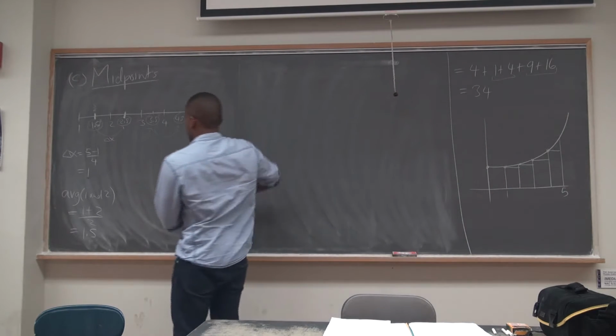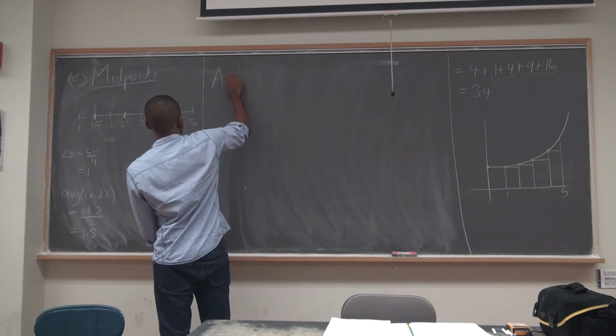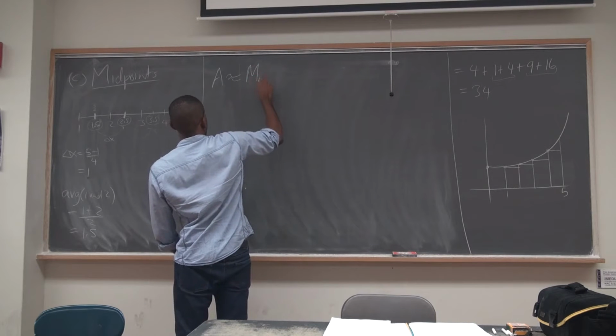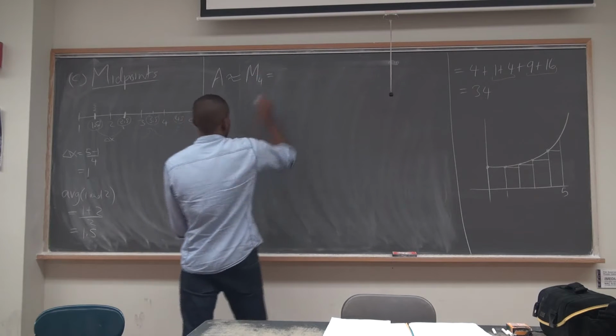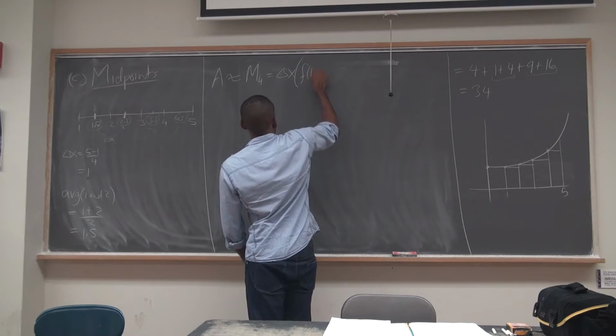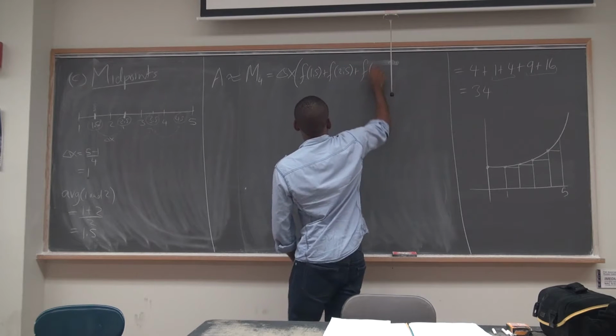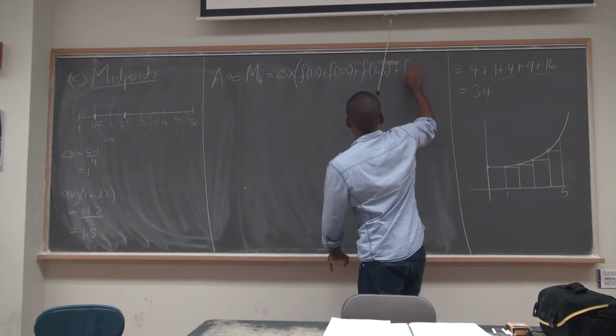After that, the setup is pretty much the same. So right here, I'm going to say the area is approximately equal to the midpoint evaluated at 4 points. That's going to be delta x times f of 1.5 plus f of 2.5 plus f of 3.5 plus f of 4.5.